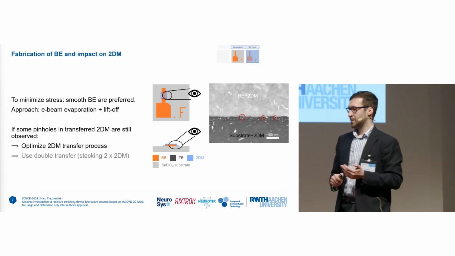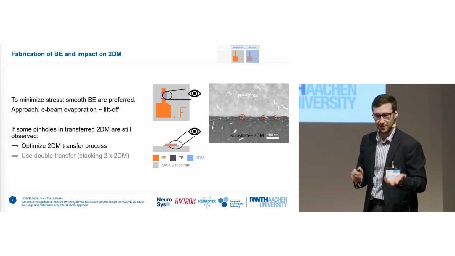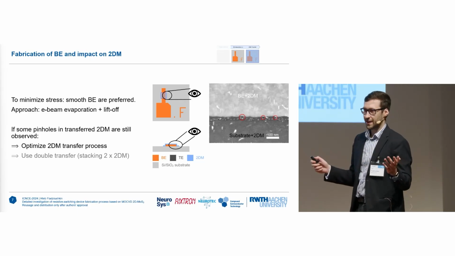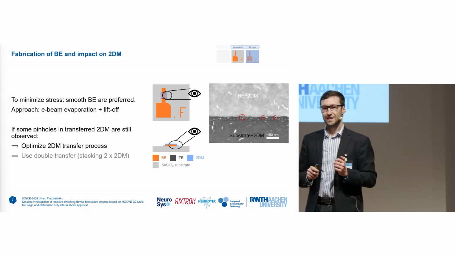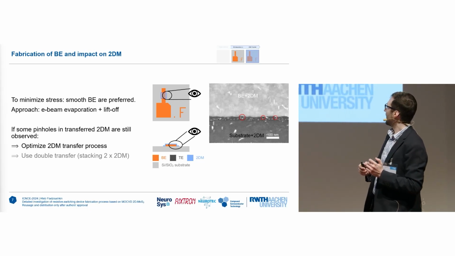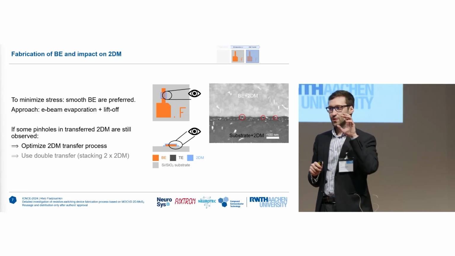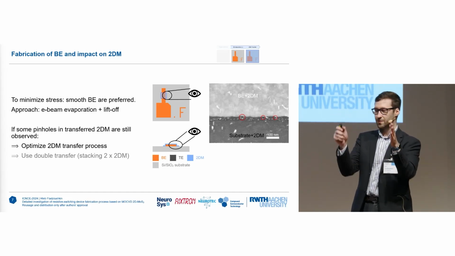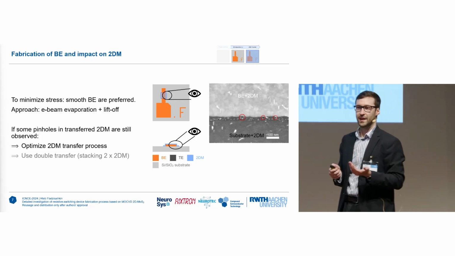And if you are working with these materials and do not see any large-scale defects after the transfer, it's still worthwhile to take a closer look at them in case you still have some issues with the yield, because at the edges of the metal electrodes, we have the highest amount of mechanical stress.